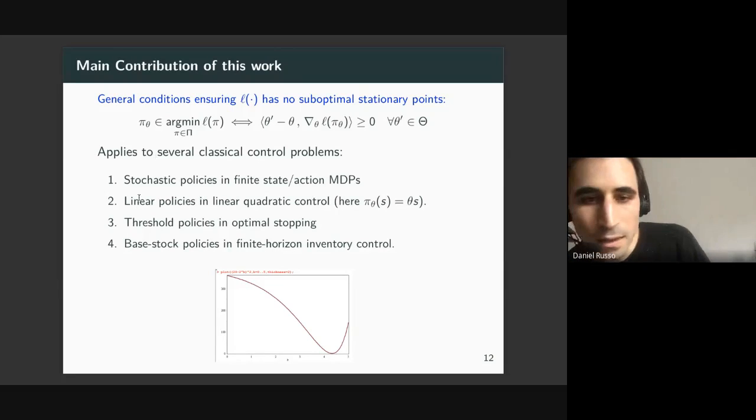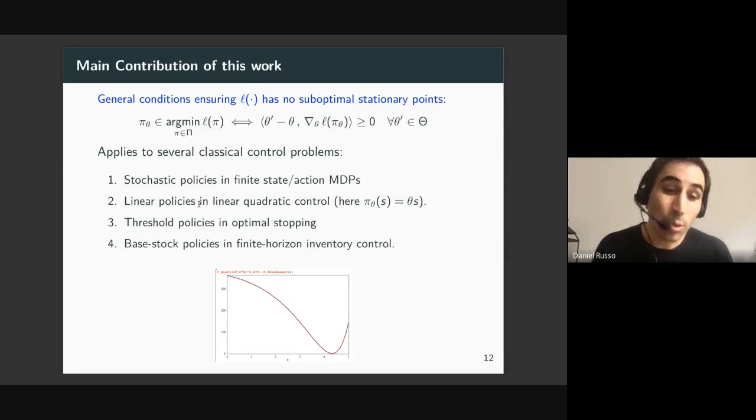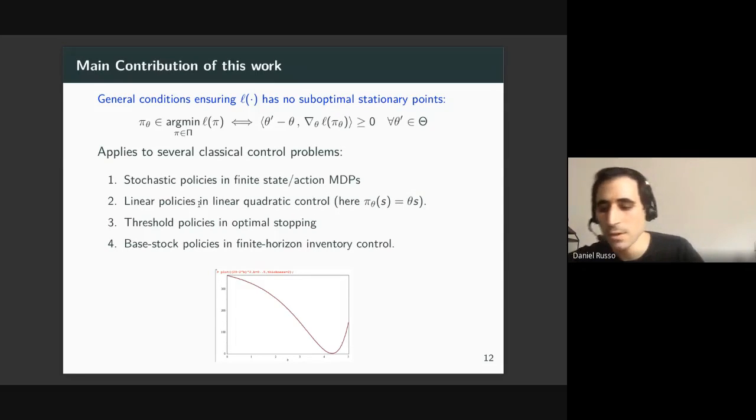These conditions will apply to several classical control problems, including the set of all stochastic policies in finite state and action MDPs, appropriately parametrized, the set of linear policies in linear quadratic control, threshold policies in optimal stopping, and base stock policies in infinite horizon inventory control.